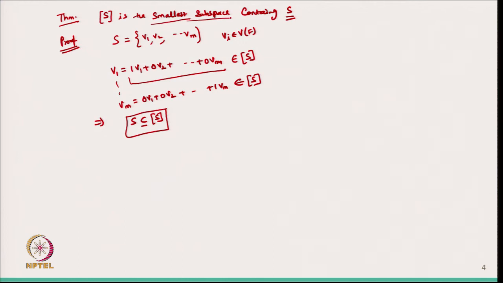So, smallest subspace means let T be a subspace of vector space V containing S. So, let me take the subspace T such that S is contained in the subspace T.